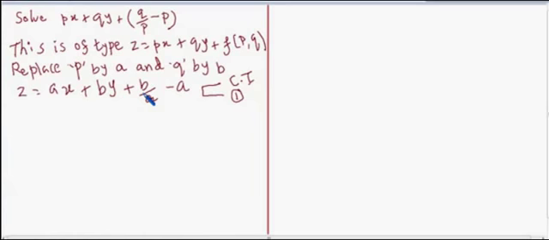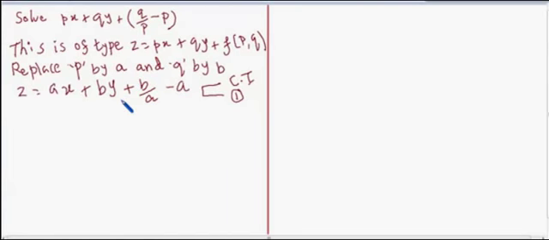So the number of independent variables is equal to the number of arbitrary constants. So z is equal to ax plus by plus b by a minus a is taken as the complete integral for the given problem.